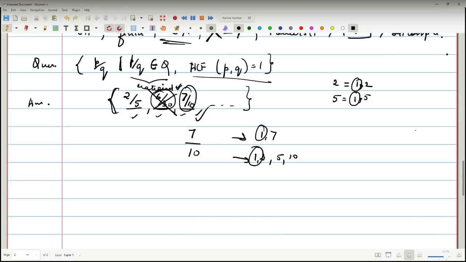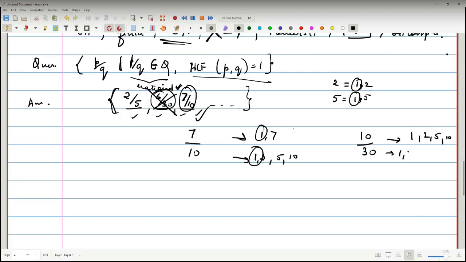Okay, is this clear now? When we say highest common factor, that is the only available common factor here. Let's take an example, 10 by 30. The factors of 10 are 1, 2, 5 and 10.